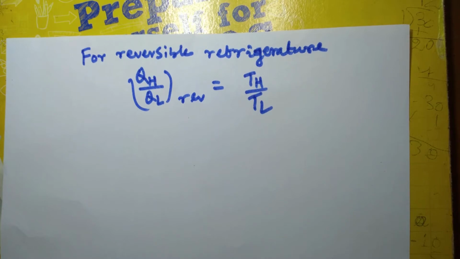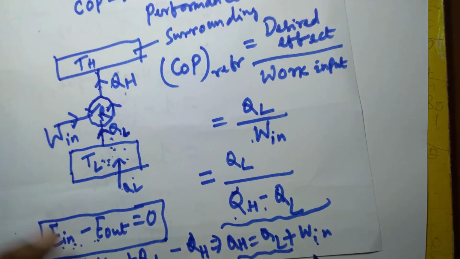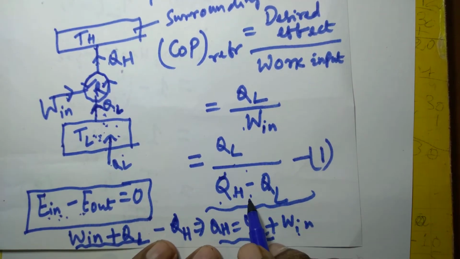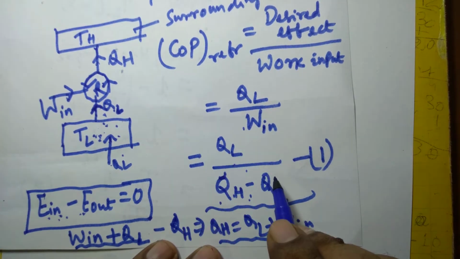Suppose this is your equation 1. This is your COP of the refrigerator, for any refrigerator.